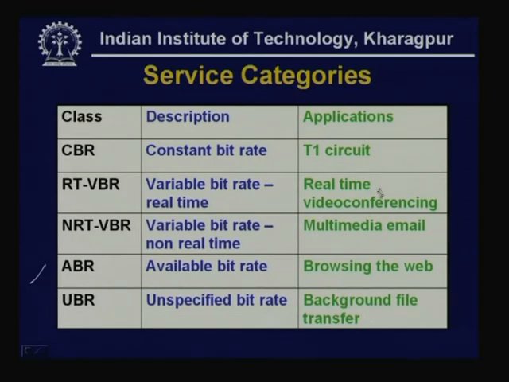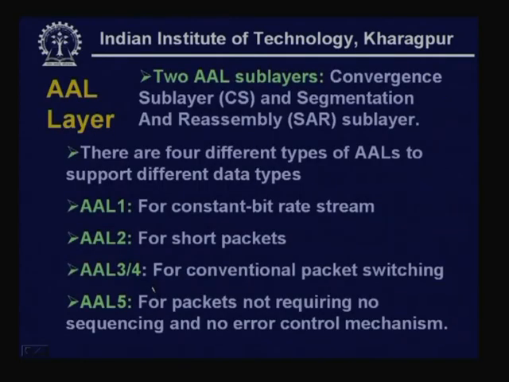So, real time video conferencing is going on. In addition to that, you can do background file transfer with unspecified bit rate. So, these are the different types of service categories identified by the ATM designers, and accordingly the AAL layer frames have different types. The AAL originally had 5 types, now it is divided into 4.